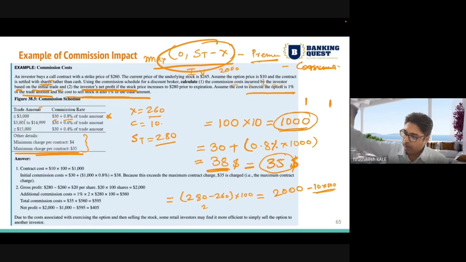Now, let us look at how we came up with 2% commission.